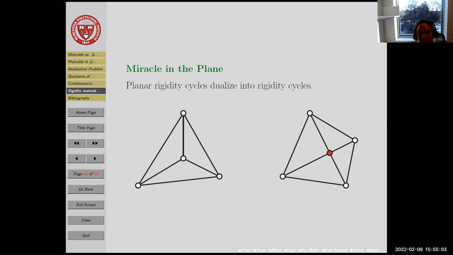So there should be enough edges to achieve rigidity, and there should not be any more edges than needed to achieve rigidity in a basis. And the count is twice the number of vertices minus 3. The minus 3 comes from the isometries of the plane. And you see that vertices of degree 4 don't make a difference to that count.